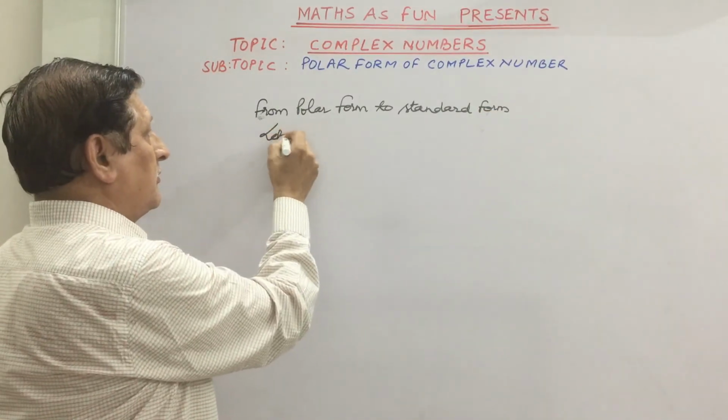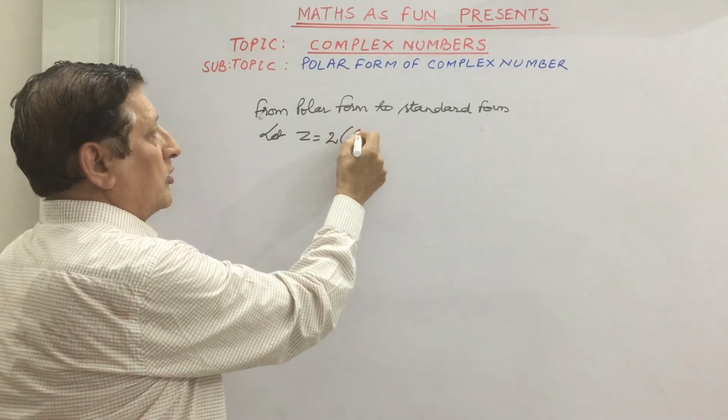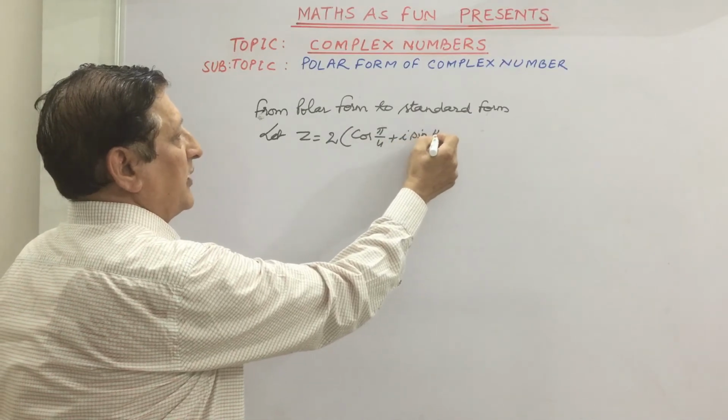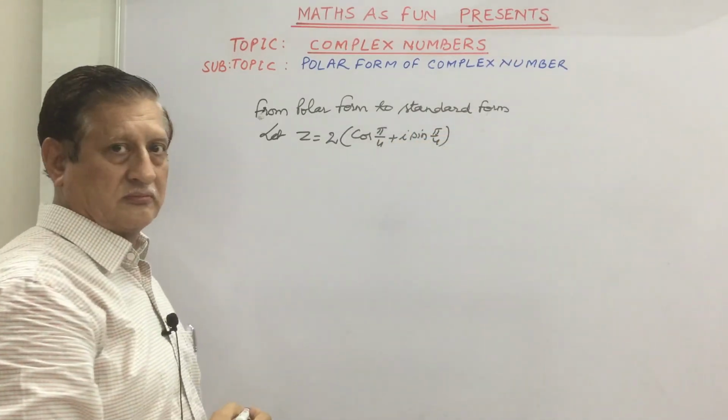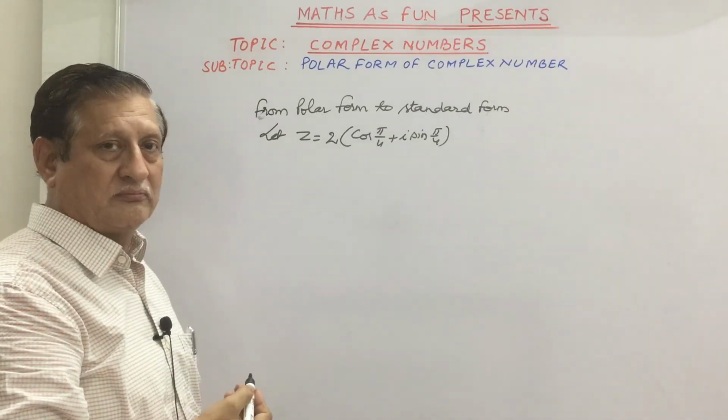Let z be 2 into cos of pi by 4 plus iota sine pi by 4, given to us. And we have to convert into standard form, that is a plus iota b form.